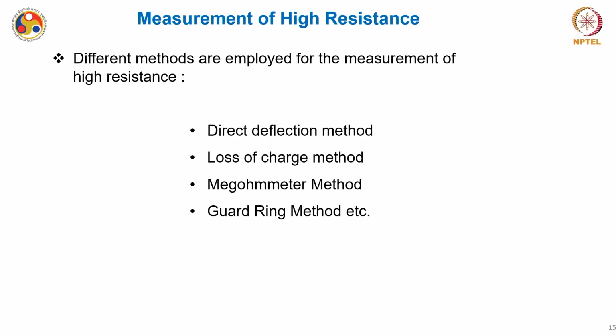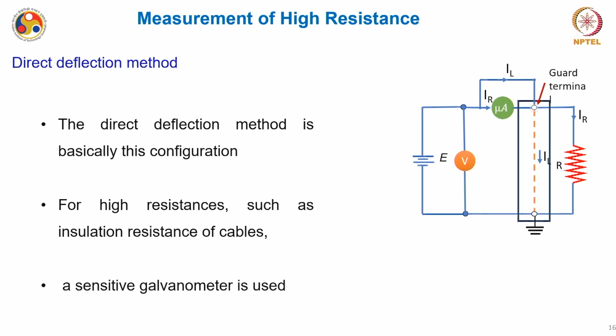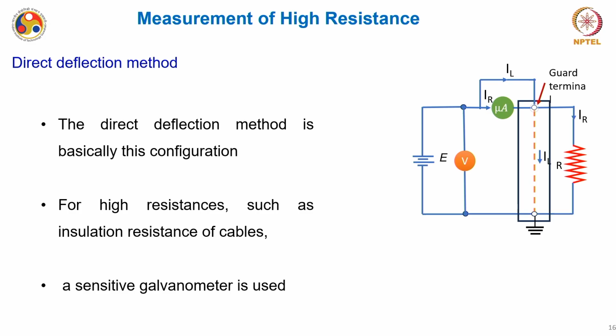Let's discuss some of these methods so that we know how to measure these high resistances. Let's first talk about the direct deflection method. The direct deflection method is basically this configuration. Please recall this kind of configuration. If you remember, from the previous slides, we discussed this configuration when we introduced the guard terminal.